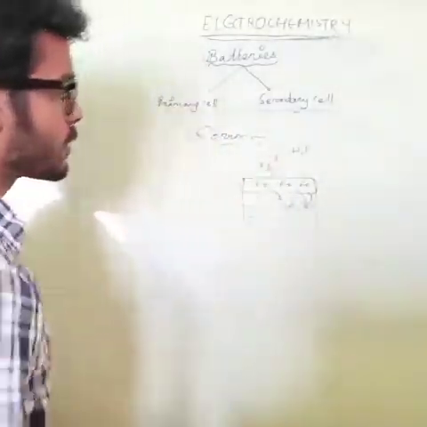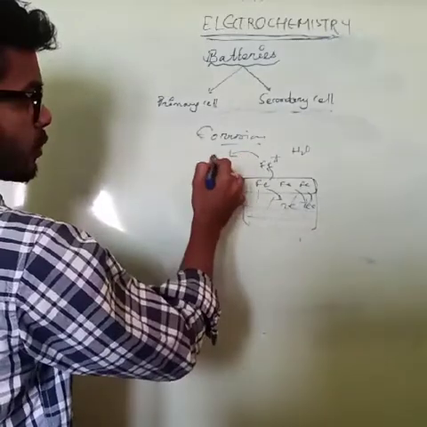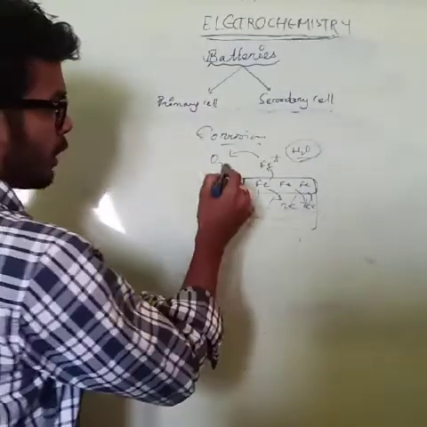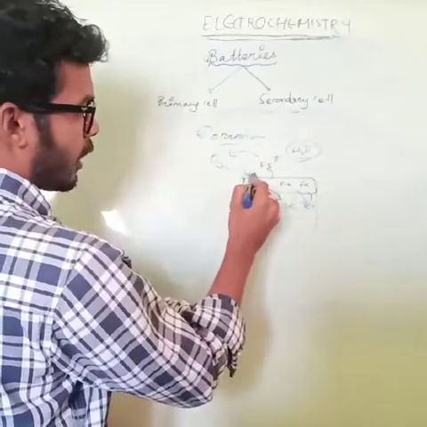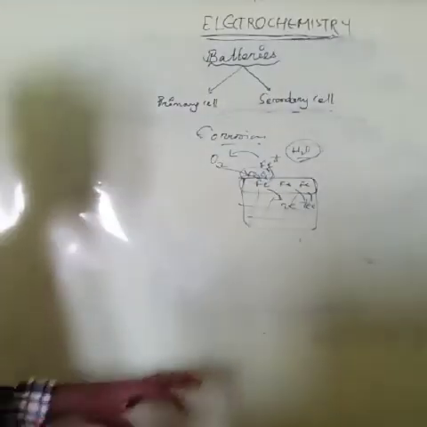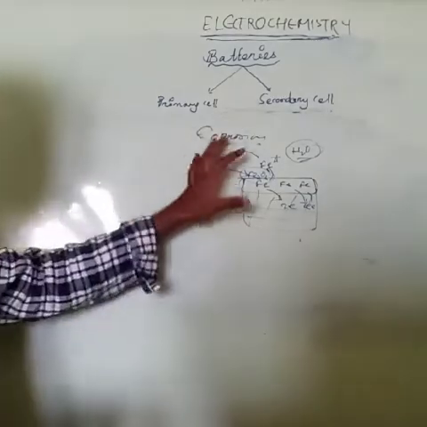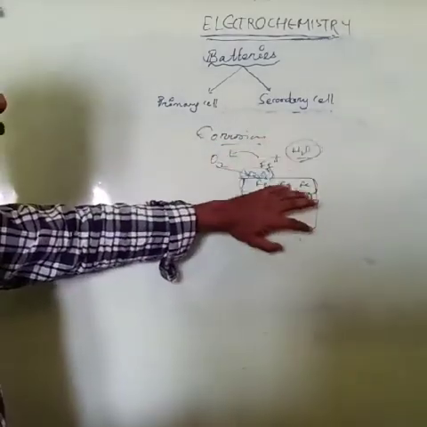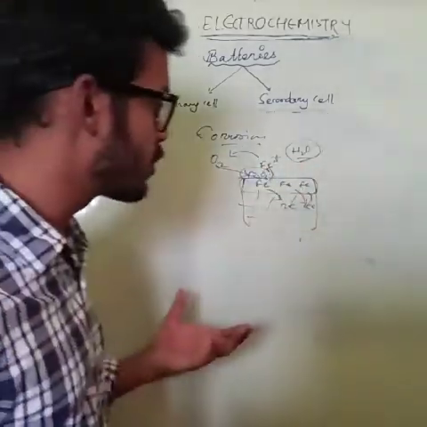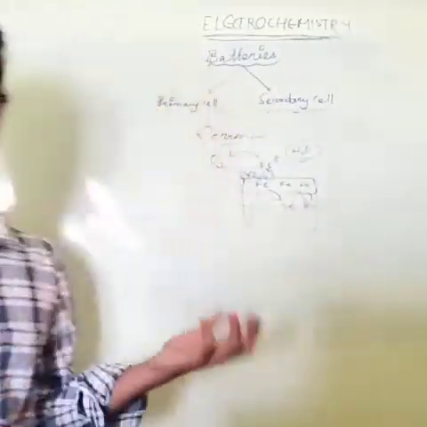This Fe2+ will combine with O2, which is present in water or moisture. It will form iron oxide Fe2O3, which is your corrosion. So basically it coats the surface of a metal object with oxides or other salts. This is the corrosion.